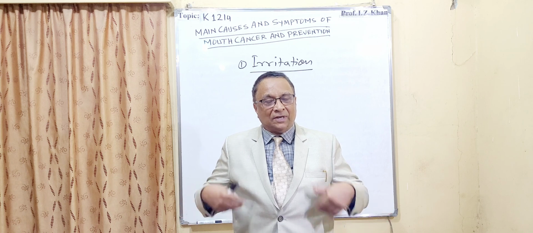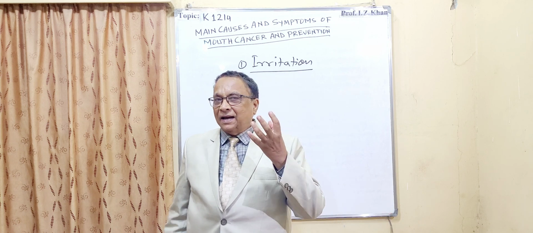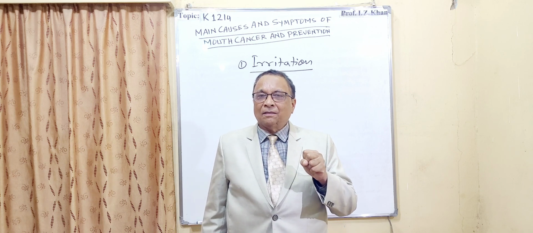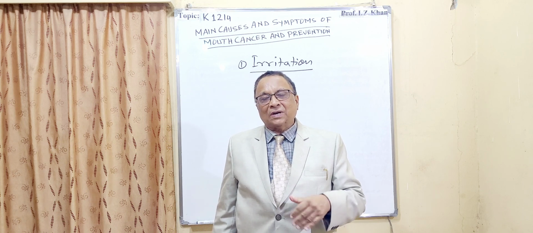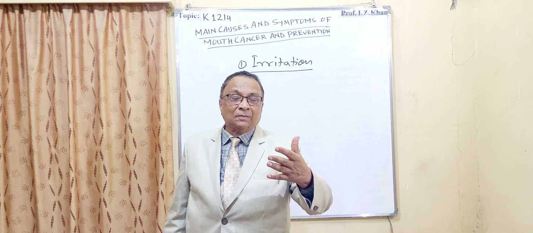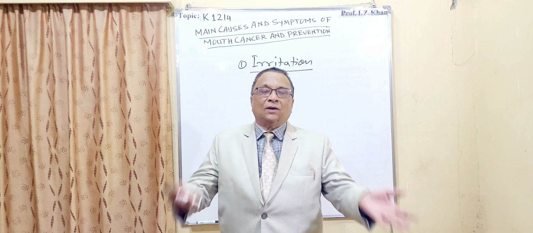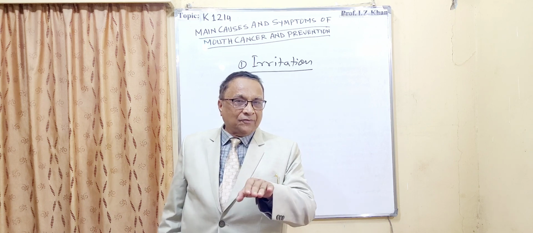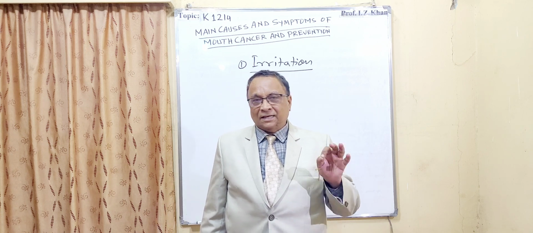Cancer cells are always floating in our body, but at this point, because of triggering, immediate production of a lot of abnormal cells starts, and once it is multiplying very fast, it can overcome our normal cells. That is the triggering factor.